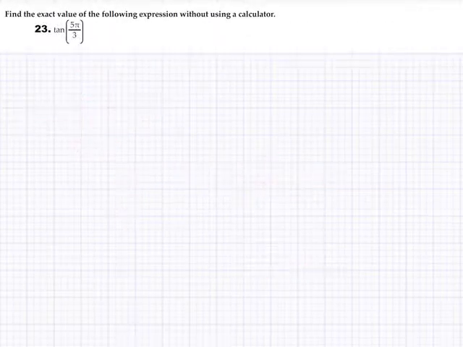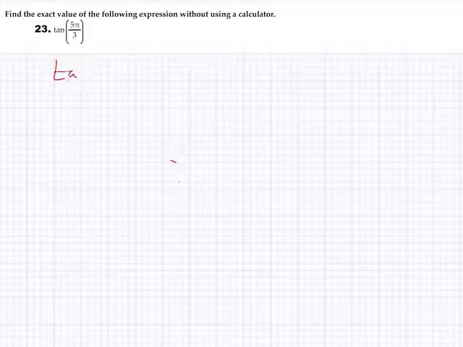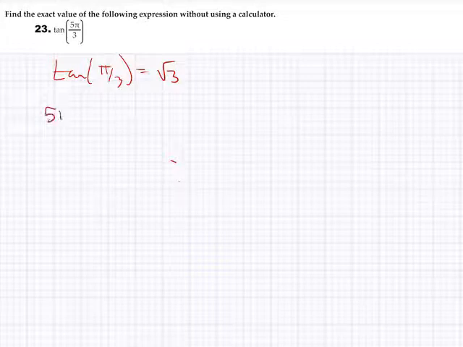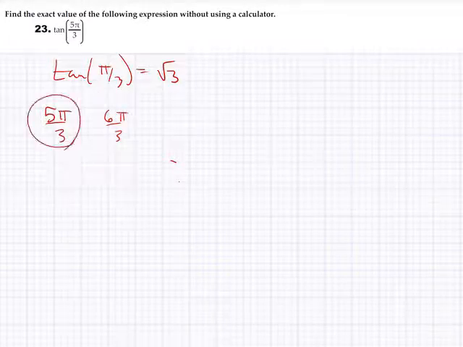Here we want to find the exact value of tan of 5 pi thirds. Again, if we know the tan of pi thirds, which we should all know at this point, the tan of pi thirds should be square root of 3. Then we should be able to do 5 pi thirds, as long as you know where 5 pi thirds falls. Well, compare 5 pi thirds to 6 pi thirds. Clearly this one's smaller, but 6 pi thirds is 2 pi.